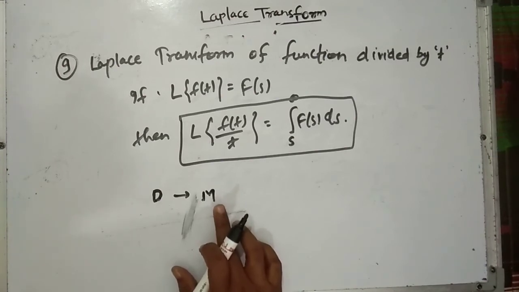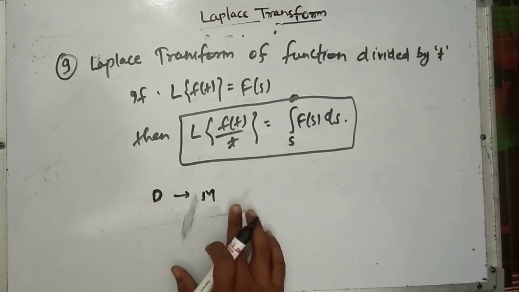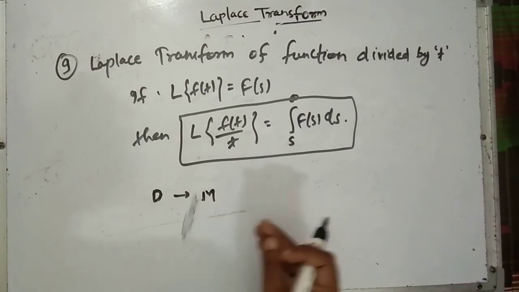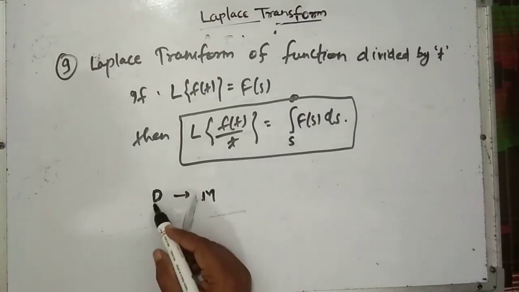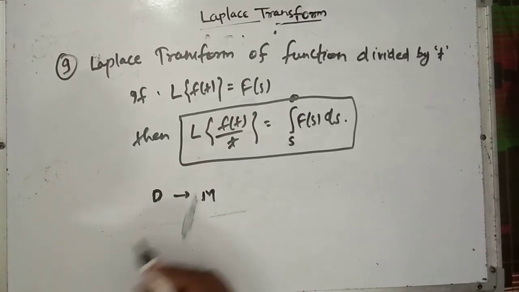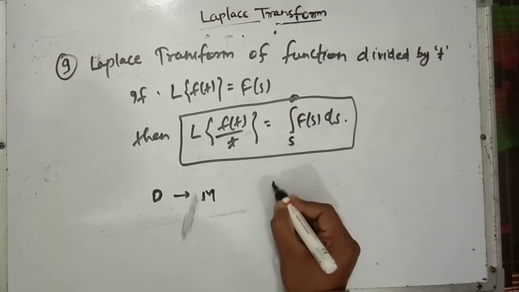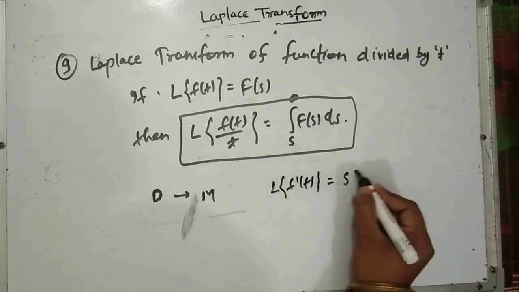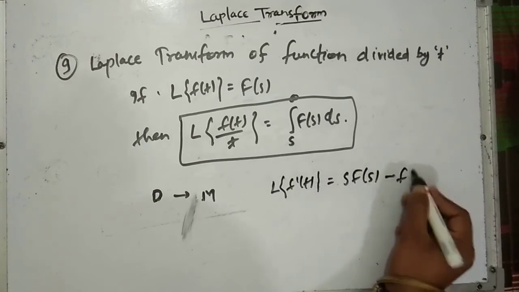That means s into F(s), that means s will be multiplied with F(s), s or s square, that depends upon the derivatives, first derivative or second derivative or third derivative. So what was the Laplace transform of f dash t? Simply s F(s) minus f of 0.